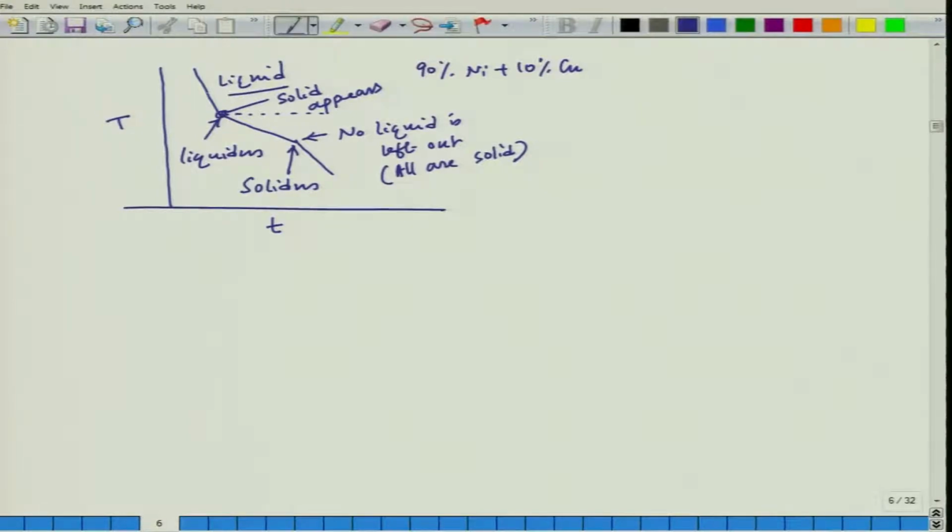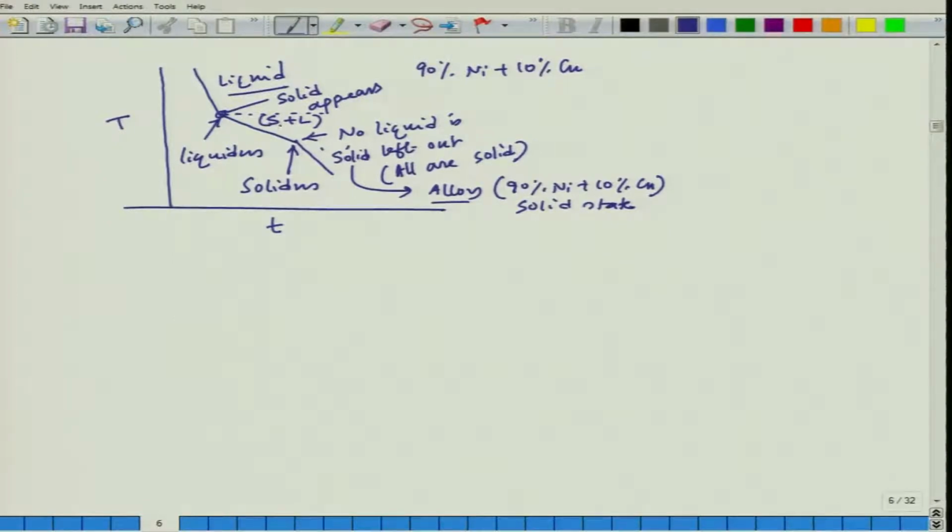And here we have liquid, here we have complete solid, and this is nothing but an alloy of 90% nickel plus 10% copper in solid state. And in between, from liquidus to solidus, we have a mixture of solid plus liquid.